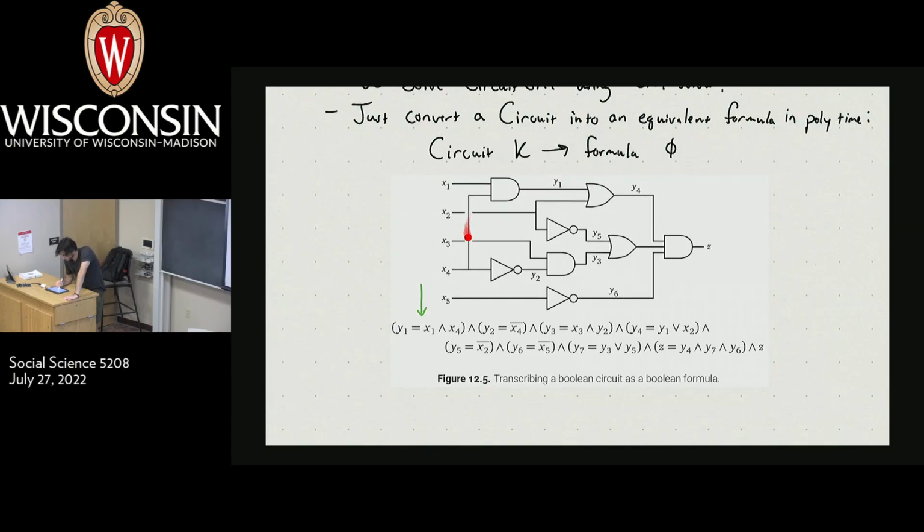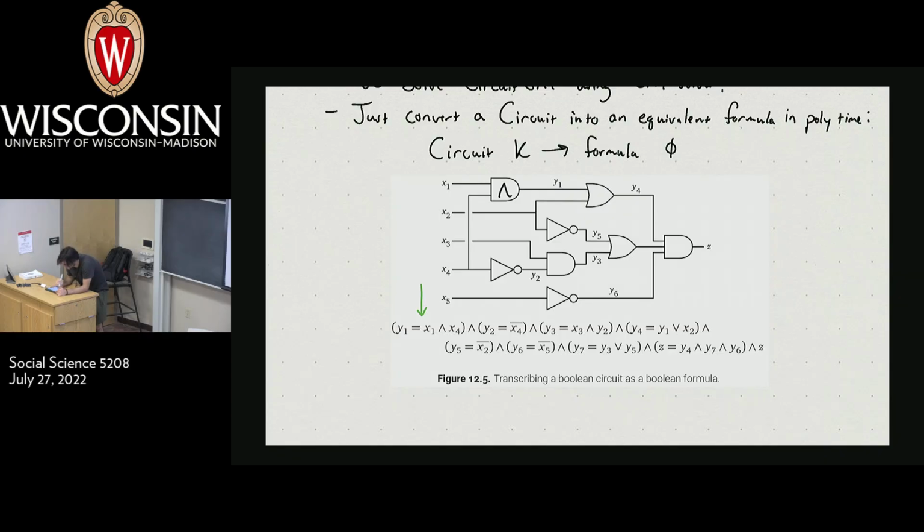So for example, if we did this circuit from before, what we can do is let each wire be represented by a logical variable. And then we can just use whatever these gates are to define a formula for the wire.